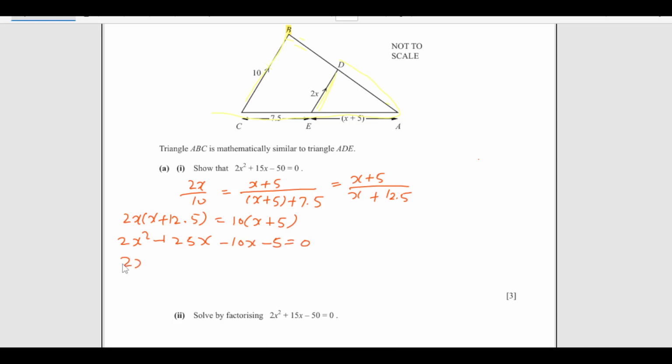So this is 2x squared, 25 minus 10 is 15x, and sorry, 10 times 5 should be 50, so minus 50. That's what we need to show here. So equals 0, hence proved. We can write down hence proved. So we have shown whatever we were told to show.